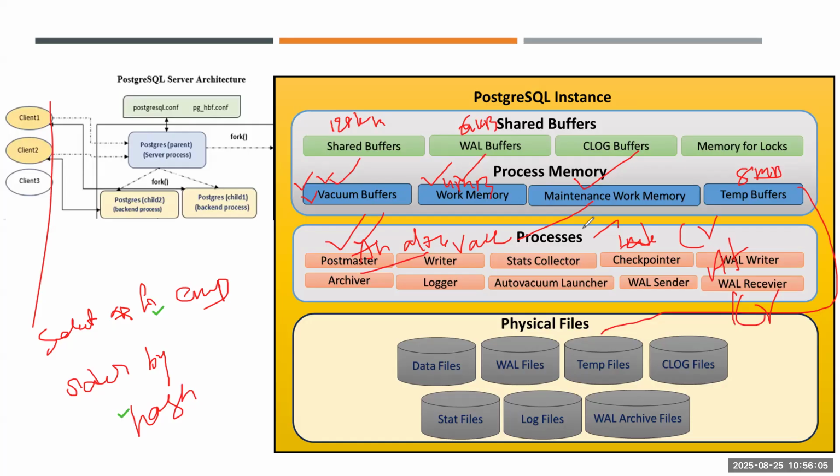See, that's what I told you, right? Postgres is not complicated like Oracle or SQL Server. We have minimal concepts only, and you should make those minimal concepts stronger. Today I just wanted to walk through temp buffers, maintenance work mem, and vacuum.